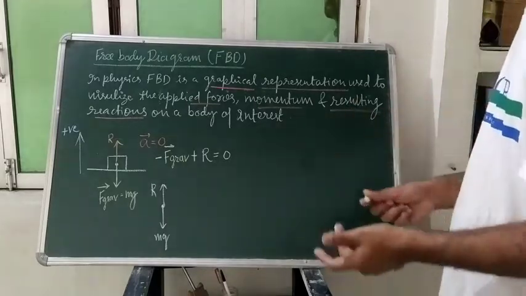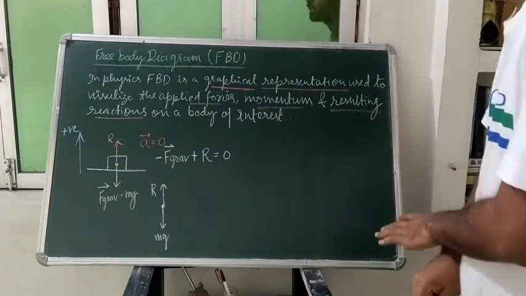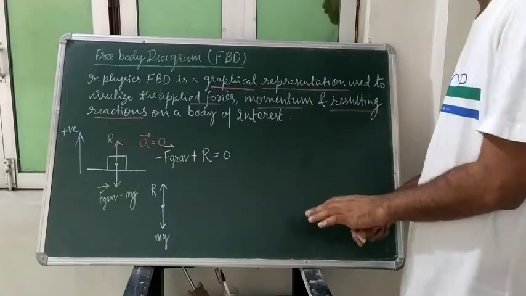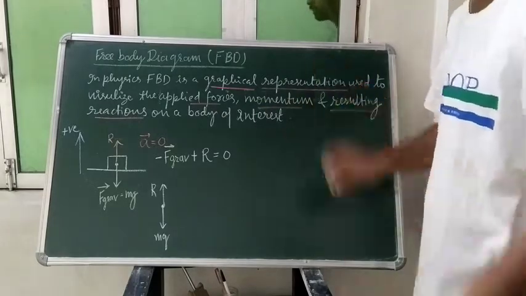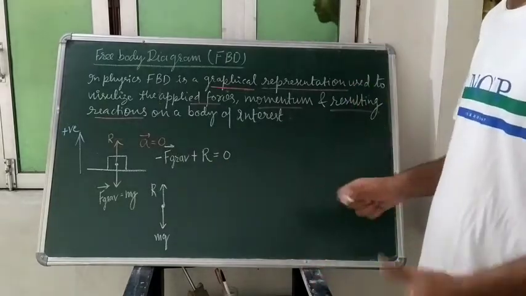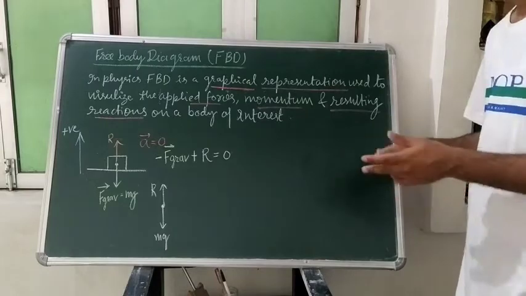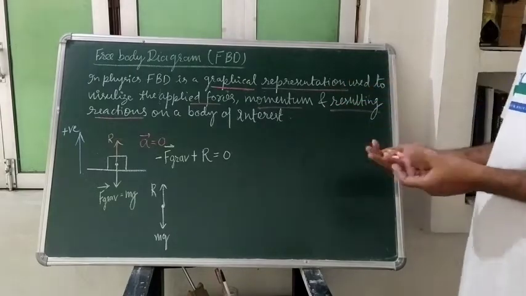Until and unless you apply an unbalanced external force on any body, the body will not accelerate. So if the body is not accelerating, the forces are balanced and the sum of the forces acting on the body will be equal to 0 only.